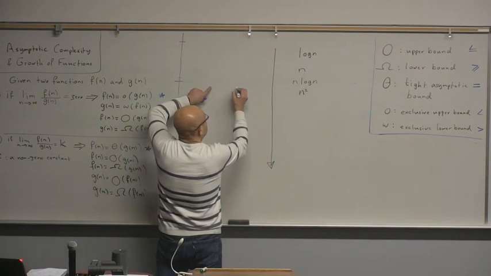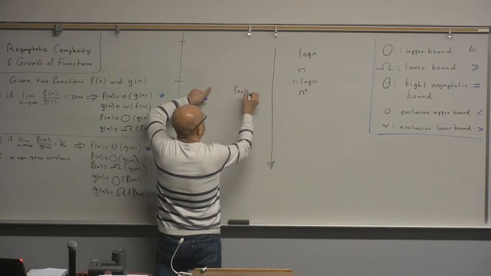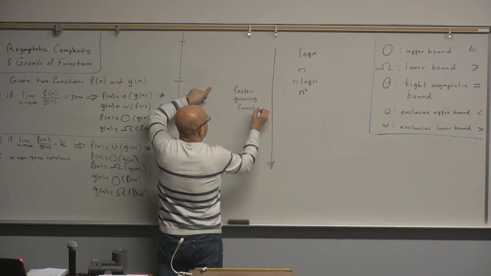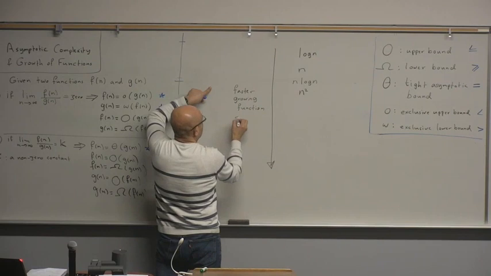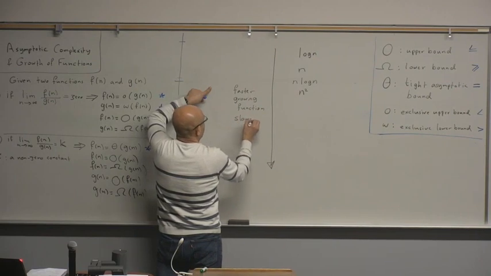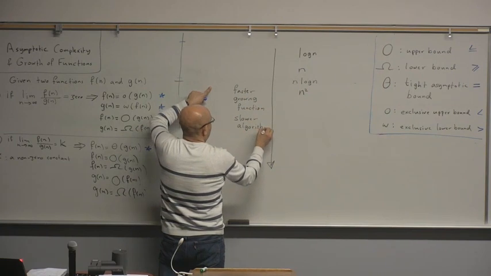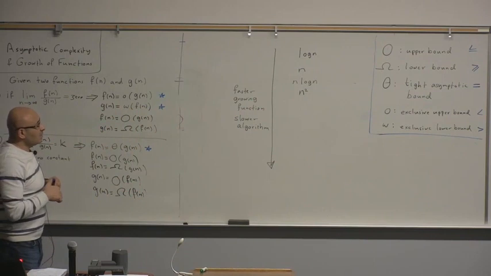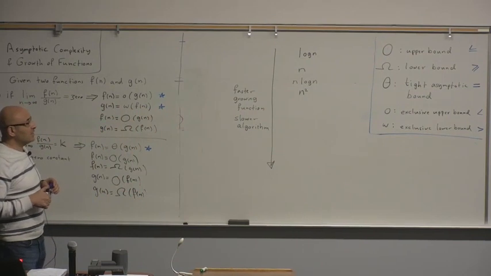So faster growing function and slower algorithm. Okay. So this is, faster growing function gives a slower algorithm.